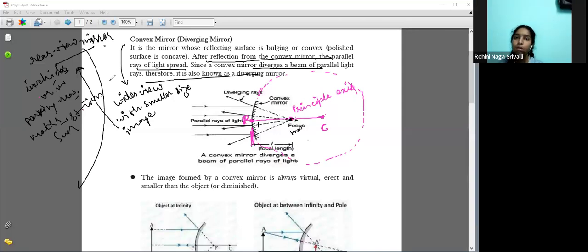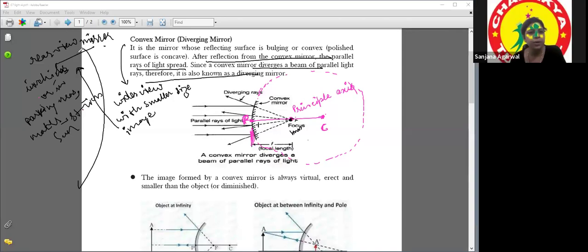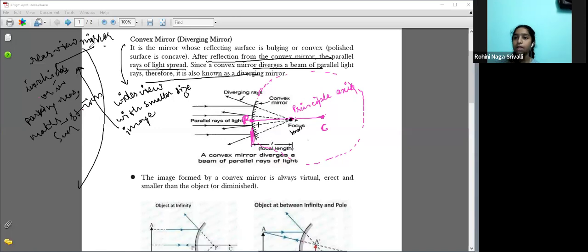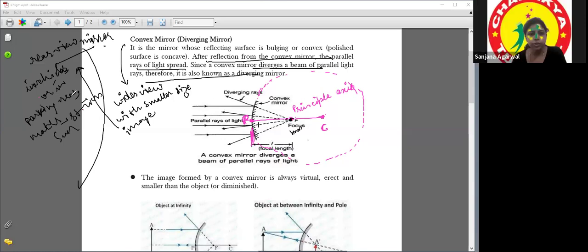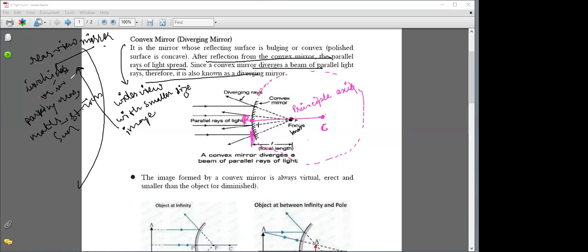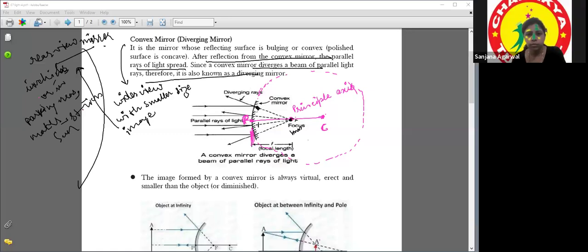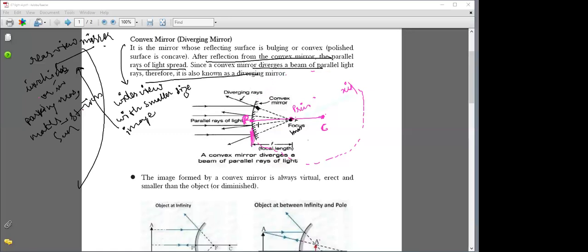That's why they are used as rear view mirror. Written, should I clear the page? Yes, ma'am. Everyone, please respond. Yes, ma'am.